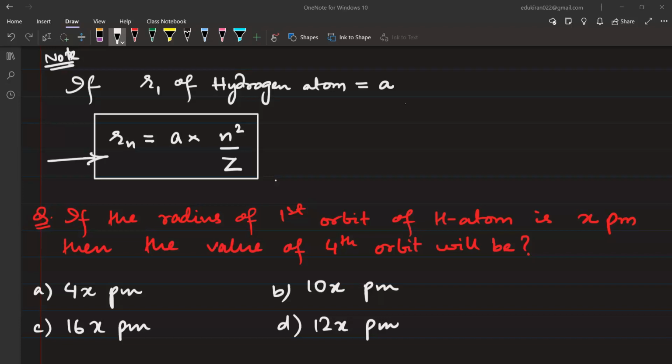इसमें प्लग इन करें ना, क्या हो गया? Plug the values here. What is A? Radius of the first orbit of hydrogen atom. And they're asking for the fourth orbit for hydrogen atom. Fourth orbit n की value plug in करें.